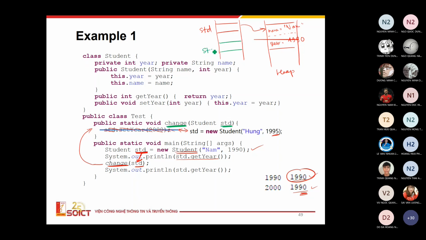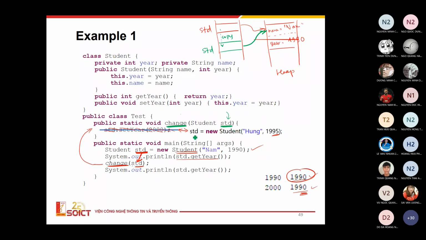It will copy the value in the STD of the main method to this local STD. Everything is the same, so the STD now also refers to this object, because here it is a copy.